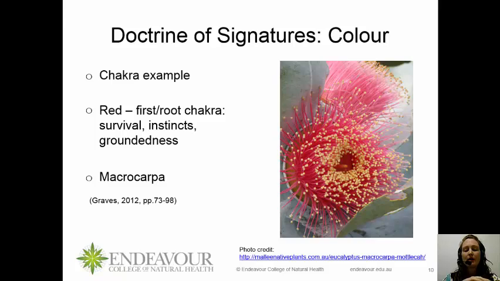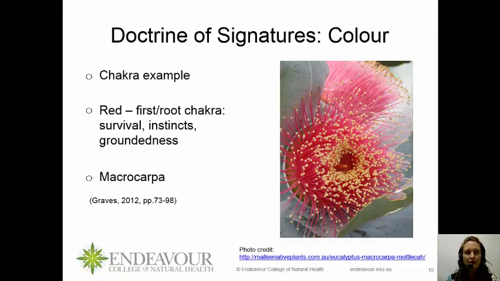But this is just one example of Macrocarpa, which is an Australian bush flower essence, and we cover some of those essences as we go through. But Macrocarpa is a great example of the red from a chakra, because red is generally attributed in chakras with the first chakra, the base chakra, and that's all about survival instincts, being part of the tribe, and the fight or flight. You know, it's very animalistic, if you want to think of it in those terms.